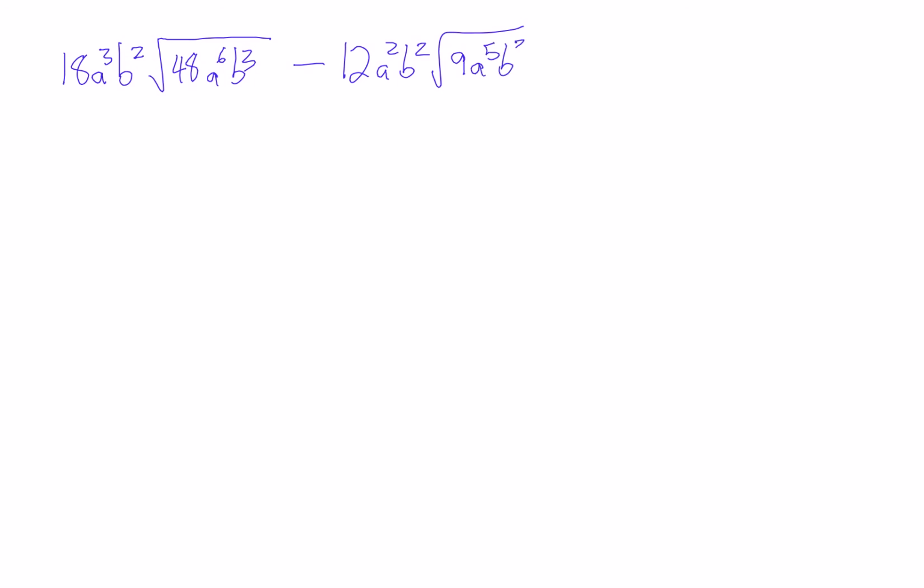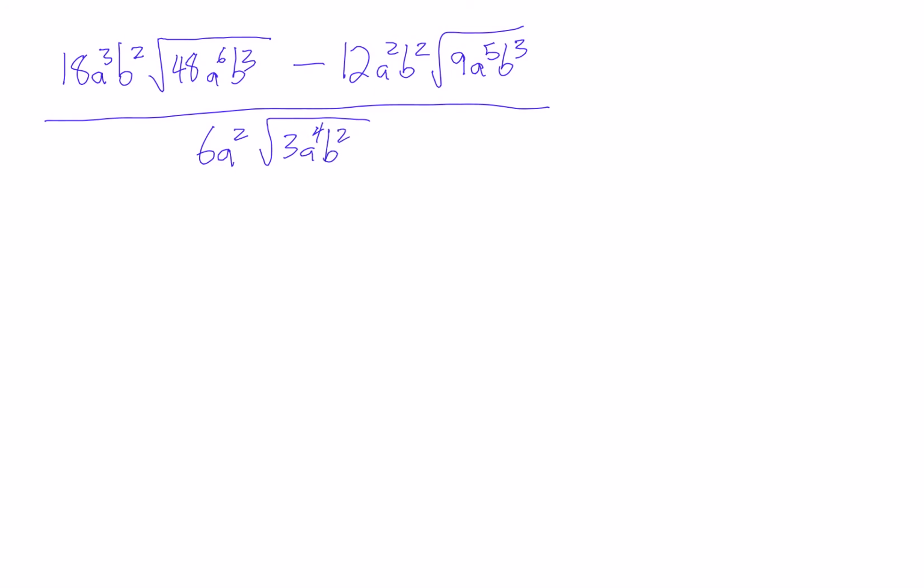So if I give you 18 a cubed b squared times the square root of 48 a to the 6 b to the 3, and let's subtract 12 a to the 2 b to the 2 times the square root of 9 a to the 5 b to the 3, and we're going to divide by 6a squared times the square root of 3 a to the 4th b to the 2.